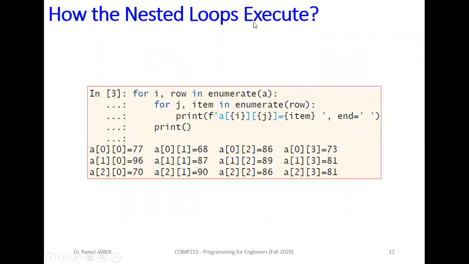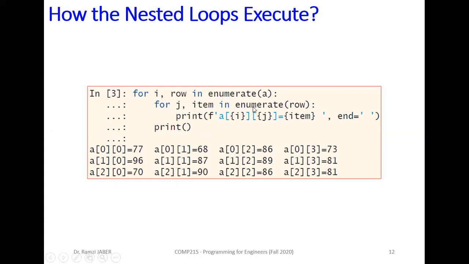How are the nested loops executed? So we want to put the indexes. This code is for indexes. For i, row in enumerate A. Do you remember the built-in function enumerate? It gives us the index and the value, a tuple of the index and its value. Enumerate A will give us, for A0, 0 and the value of the list. So row will be the sublist here. Now, if it's true, go inside.